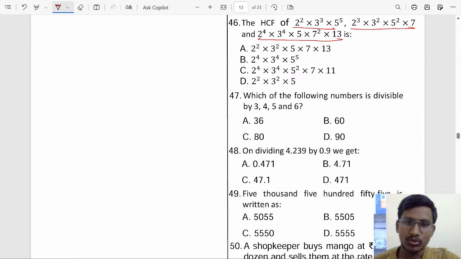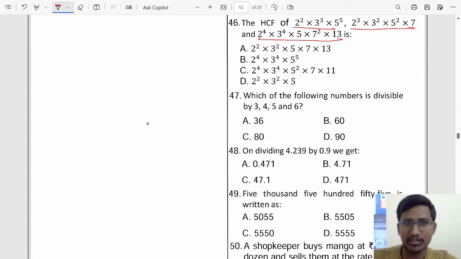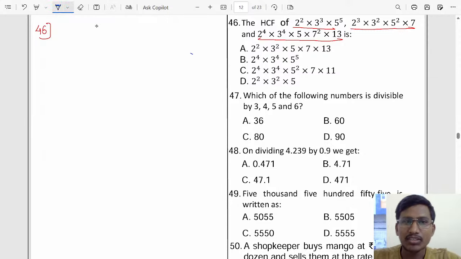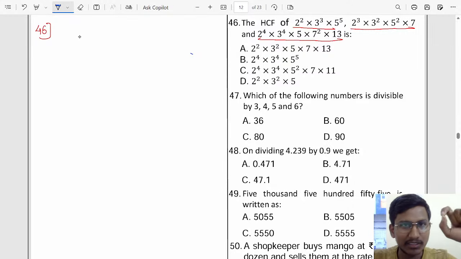Okay, so let me explain the 46th question now. Here you have to find the HCF. You can directly do it, or you can expand it.